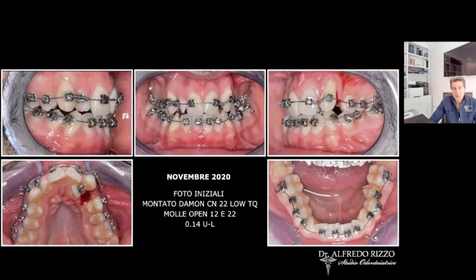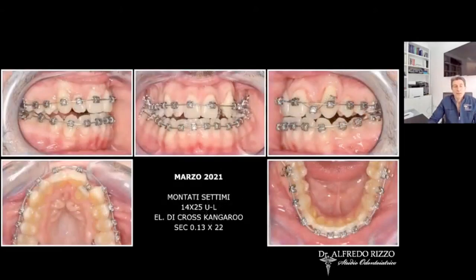Also, I use 0.14 copper nitride arch wires in the upper and in the lower. In March 2021, we have included the second molars. We have switched to copper nitride 14/25 arch wire in the upper and in the lower jaws. I start using cross elastics from this point on.